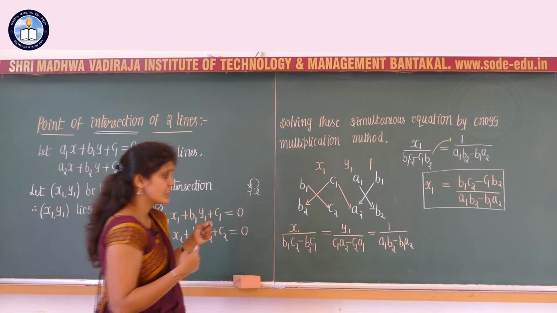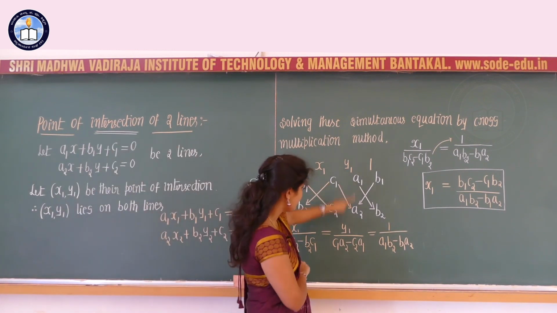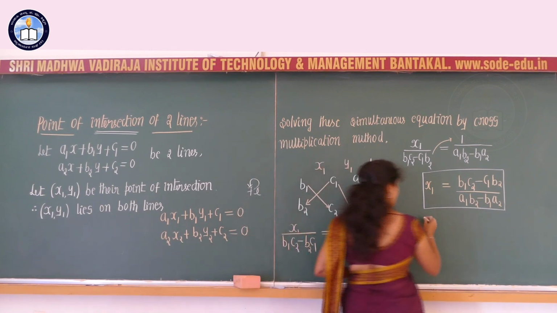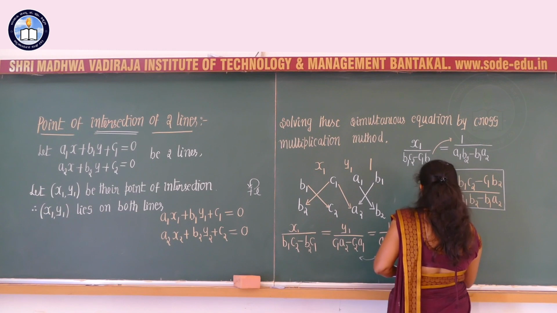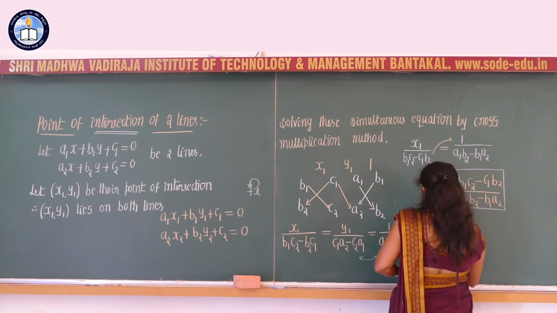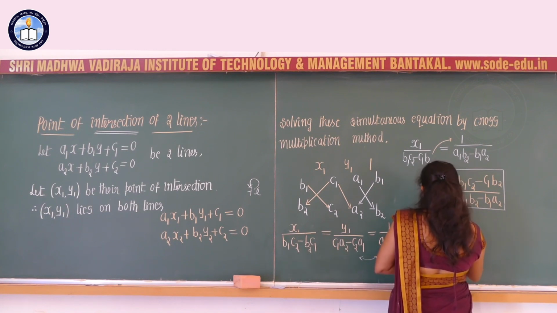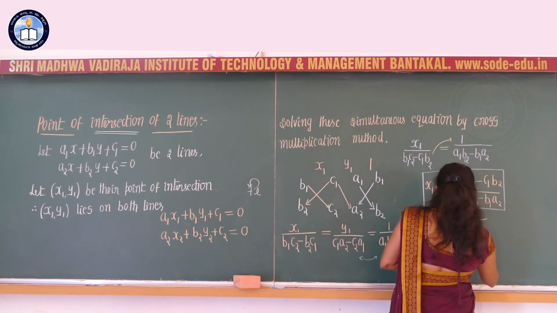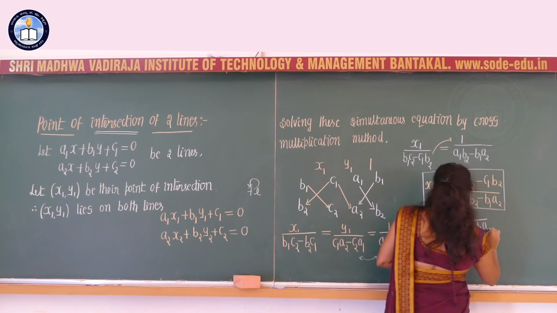So let us consider the y coordinate, that is y1 is given by, now we are equating these two, that is y1 divided by c1 a2 minus a1 c2 is equal to 1 divided by a1 b2 minus b1 a2.